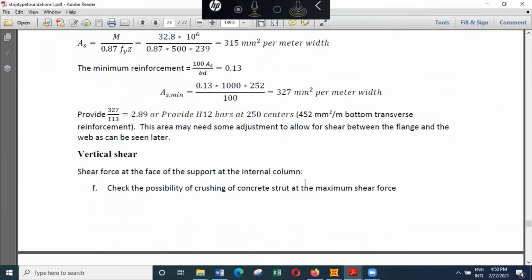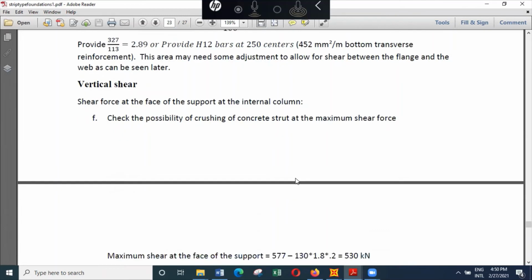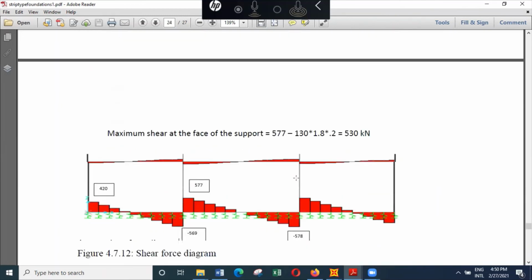Then we can also check the vertical shear force at the internal column to prevent crushing, and that is based on this column load of 577. So based on that, you can work out the punching shear effect, the direct maximum shear effect.